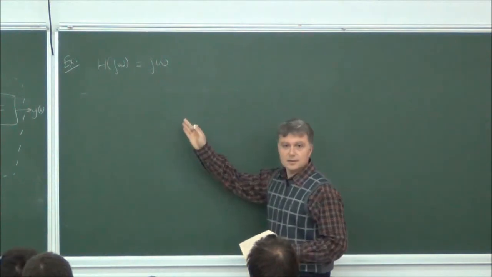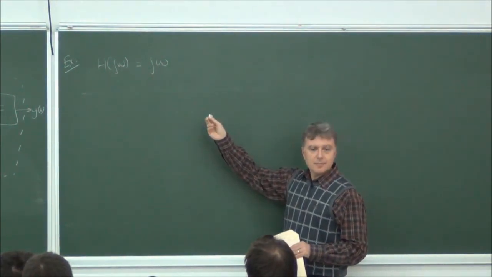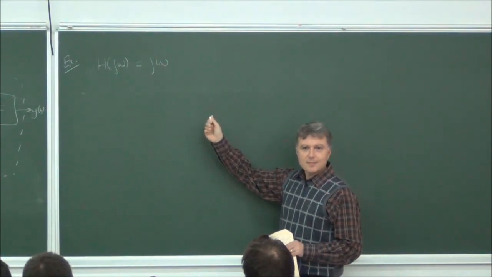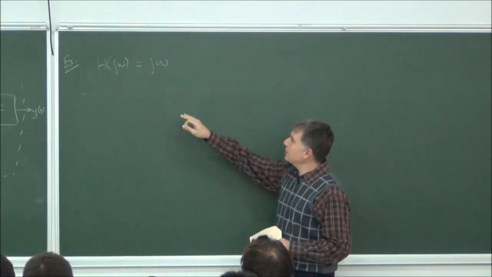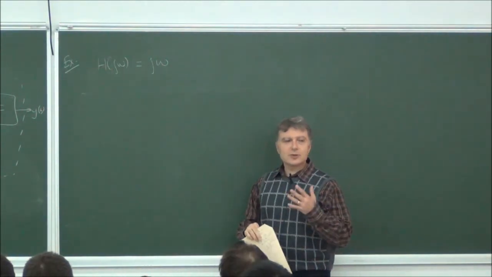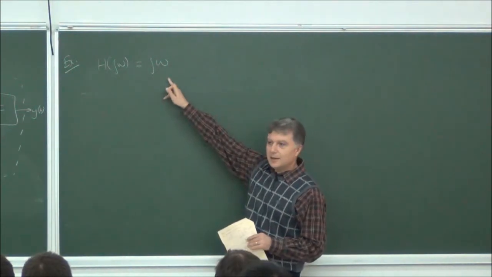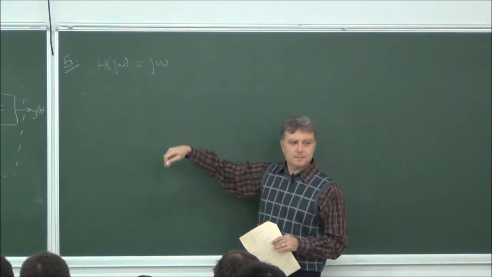What is that? What is this system? It's a differentiator. If you multiply the Fourier transform by j omega, in the time domain, it corresponds to taking the derivative of your time signal. Okay? You remember that? So this system is taking the derivative.